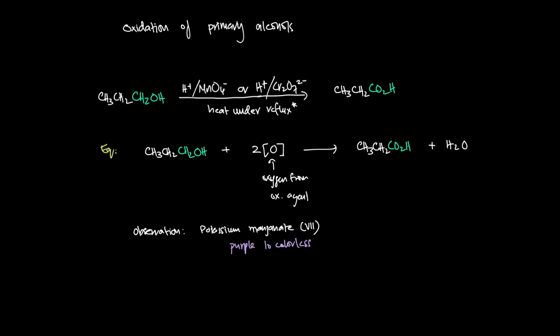If you were using potassium dichromate(VI), K2Cr2O7, then your observation would be orange to green. It's an orange solution that, when it oxidizes something and undergoes reduction, turns green. So these would be your observations depending on which oxidizing agent you used.